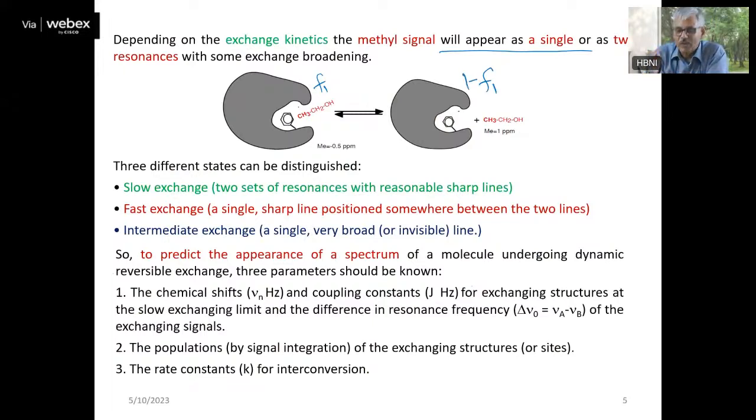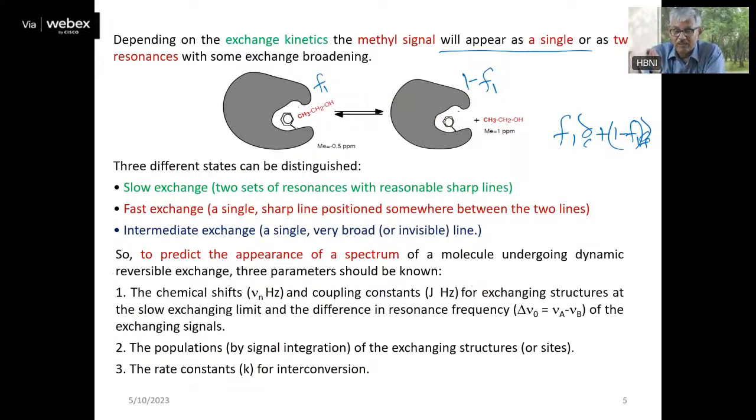So the chemical shift will be F1 times delta of free plus 1 minus F1 times delta of complex. You get this chemical shift if the process is very fast.